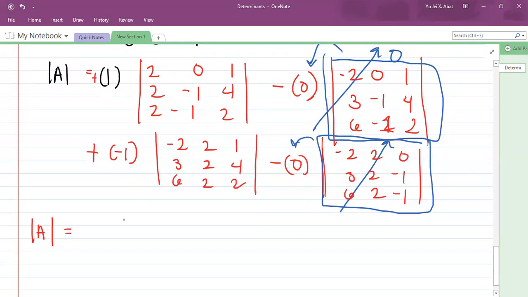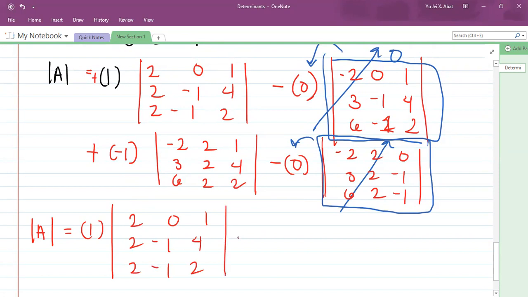Mas madali yan. So, 1 times the determinant of 2, 0, 1, 2, -1, 4, 2, -1, 2. Okay, plus, or pwede ngang minus na di ba? Pero sige, lagay pa rin natin, plus -1 of -2, 2, 1, 3, 2, 4, 6, 2, 2.